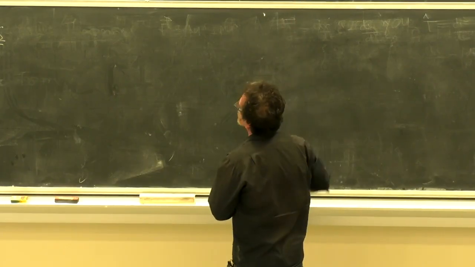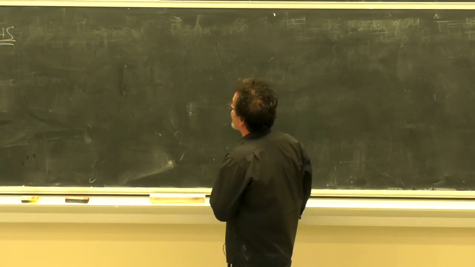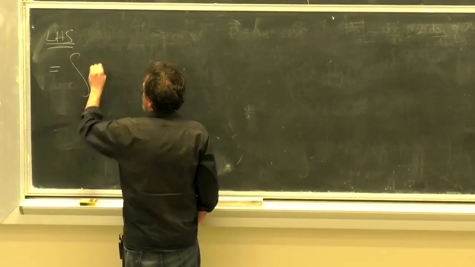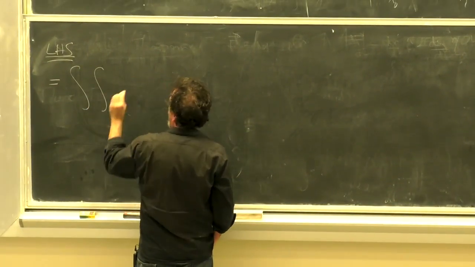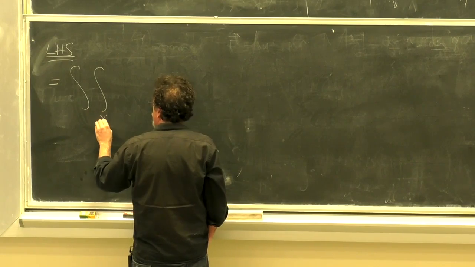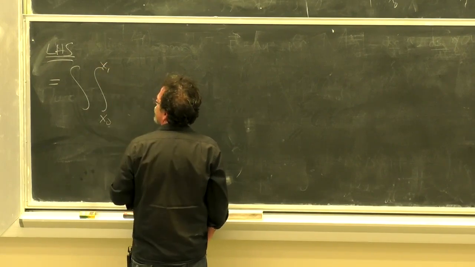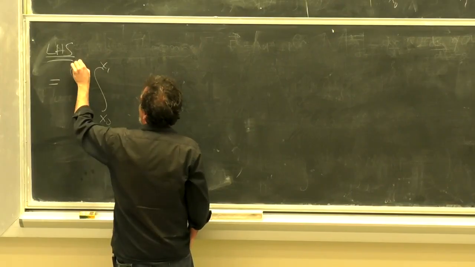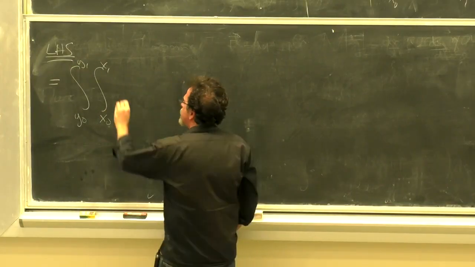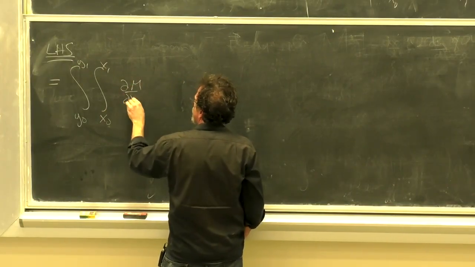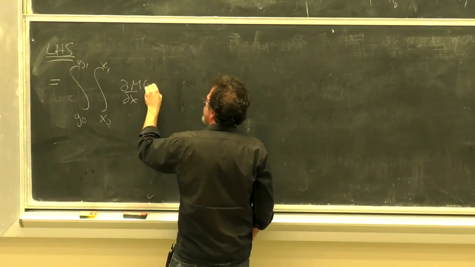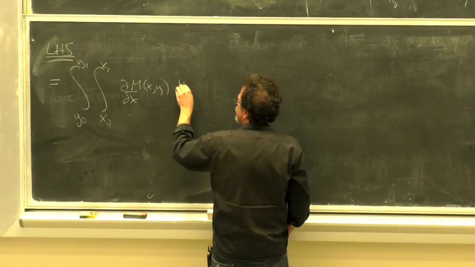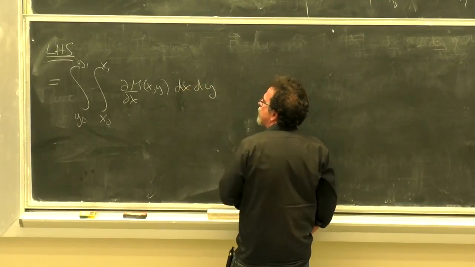Okay, what is the left-hand side? I'm going to split up the left-hand side. I'm going to do the x integral first here, because it's going to go from x0 to x1, and then do the y integral second, y0 to y1. dM/dx is a function of x and y, right? And so I'm going to do the x integral first: dx dy.